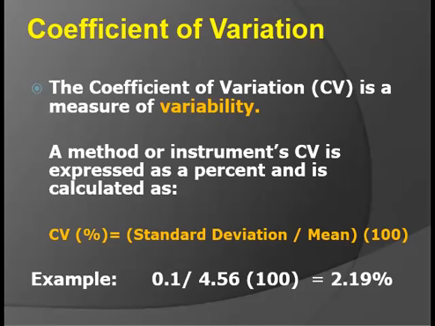So your COVAR, or your coefficient of variation, is a measure of variability. So this is the formula for the coefficient of variation. As you can see in this formula, it is expressed in %. Okay? So to calculate for the coefficient of variation, you still need the standard deviation.